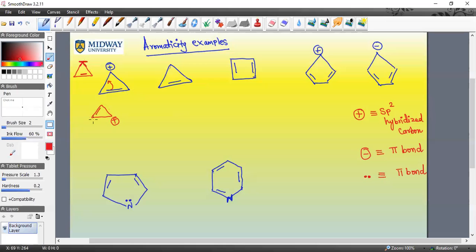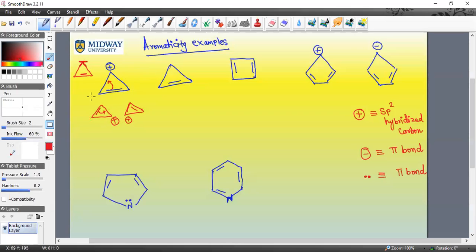Or I can move this here, which means my double bond would be here. So those are two different. What this means is I am able to move my double bond into another place, and I'm also able to move this plus charge, which is a pi bond, into another place. So it follows resonance, right?